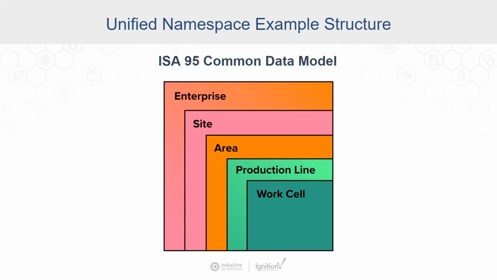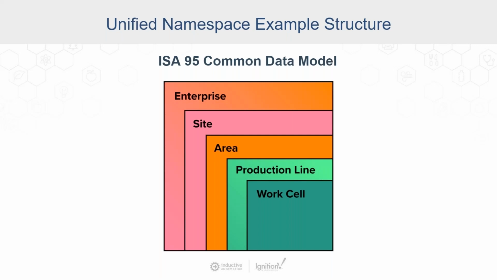So our goal with UNS is to take tribal knowledge from equipment, where we have engineers in the field who all know how it works. But our job with the unified namespace is to turn data into information that the rest of the company can use.